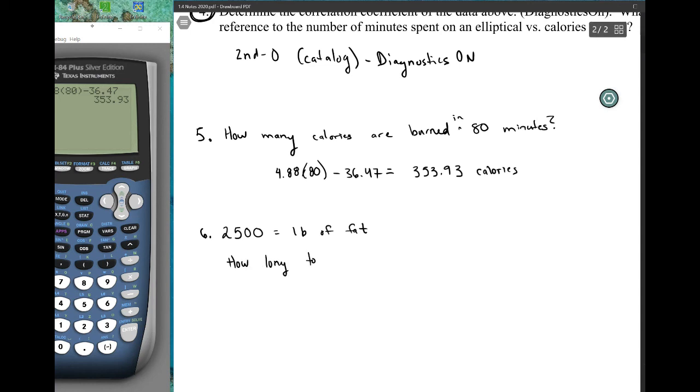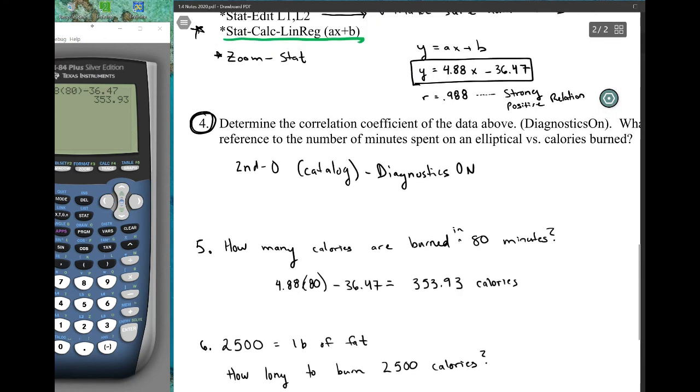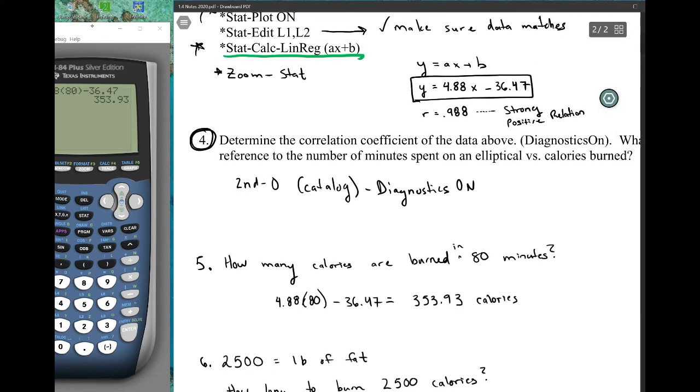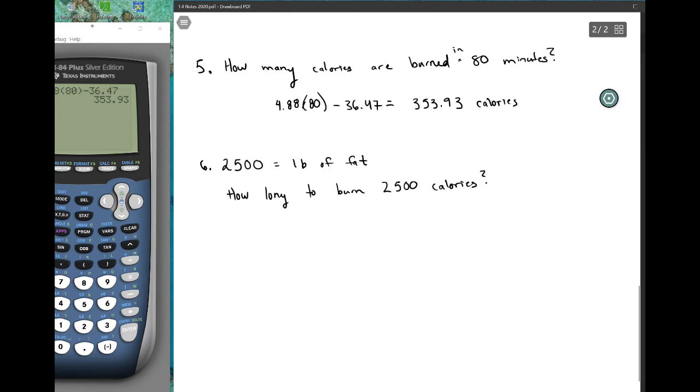Now, in this case, let's just think. In our example, remember our equation, x is time, y is calories. So in this example, we're going to have 2,500 is equal to 4.88 times x, which is time, minus 36.47. And then we're solving for x.